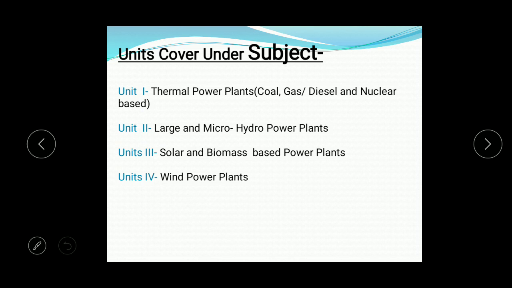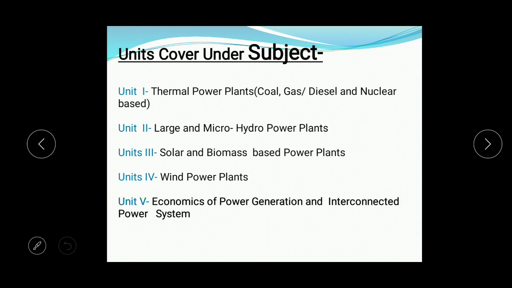We can also see the construction of horizontal and vertical axis small wind turbines, and the location of small wind turbines. These are four chapters covering different ways we can generate electricity.